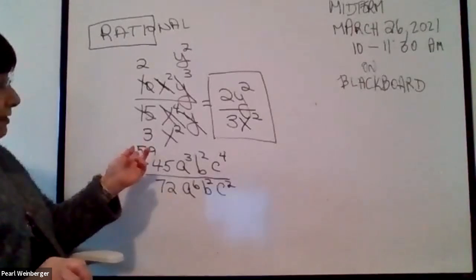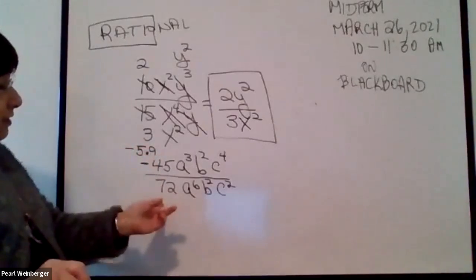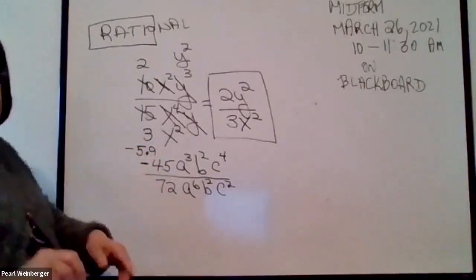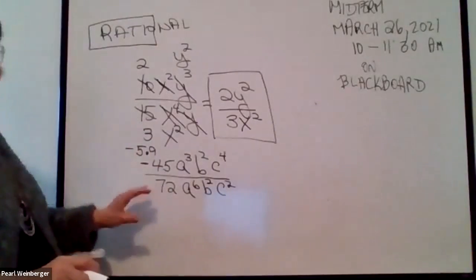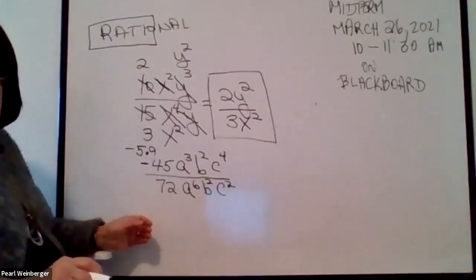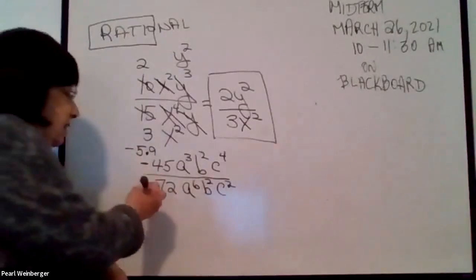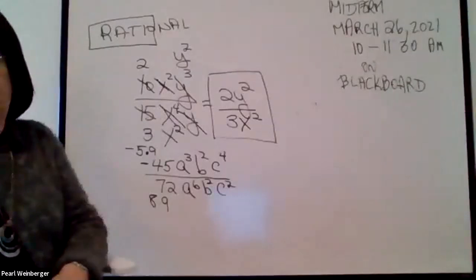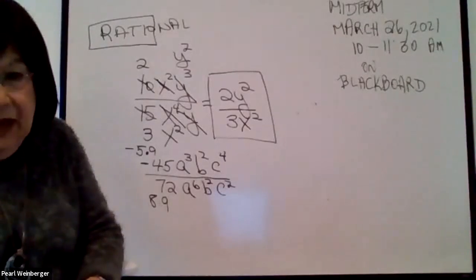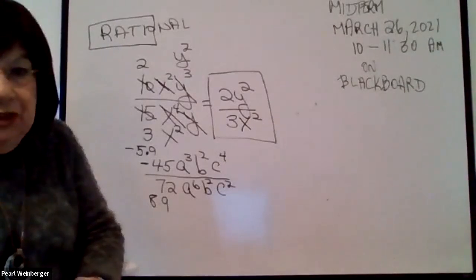Yeah, but I see there's a 5 and a 9 here. Is there anything that would be similar? Remember, we're looking for common factors. Cheryl wrote down 8 times 9. Okay. You can use your calculator to reduce the numbers.